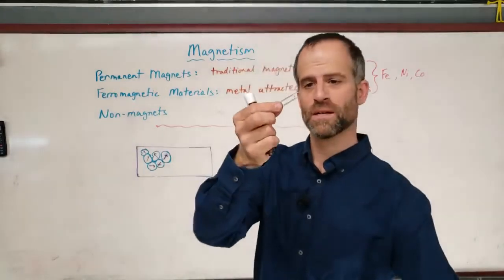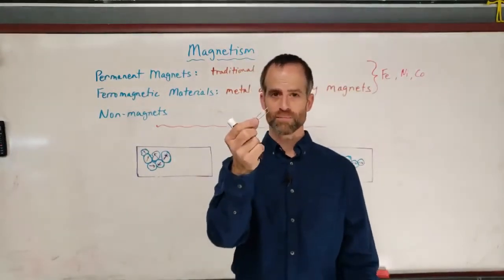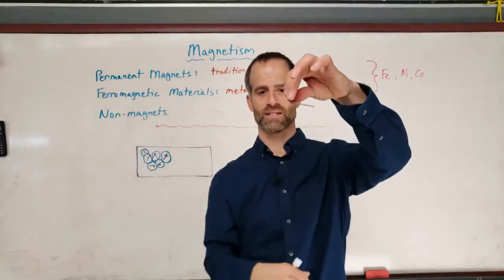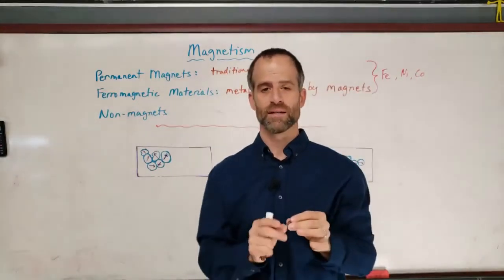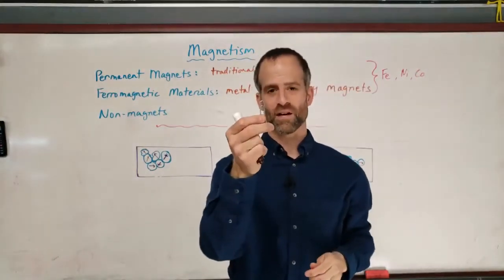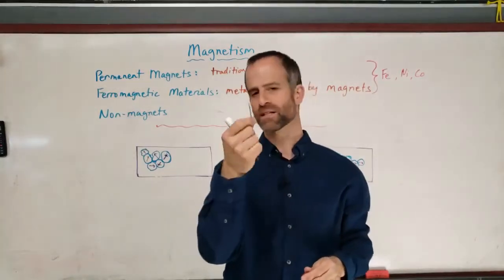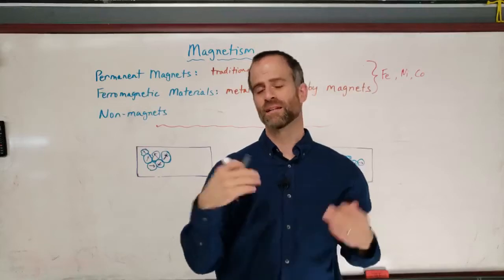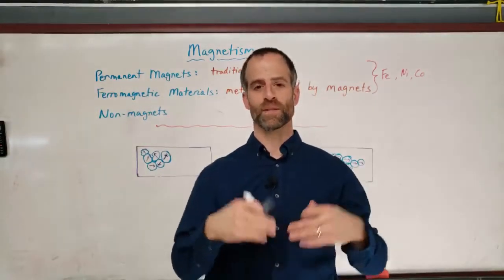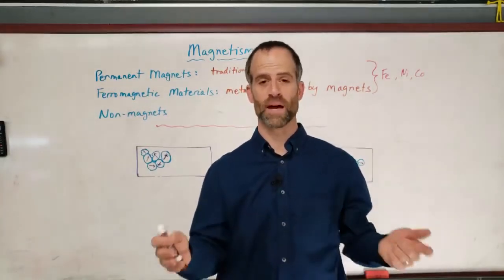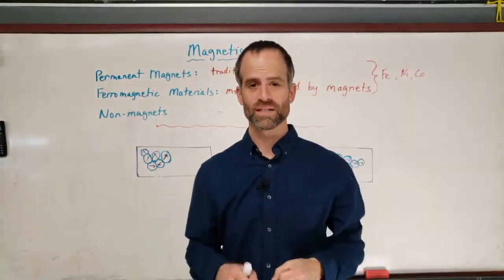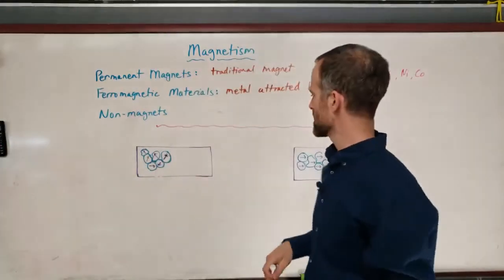The paper clip is attracted by magnets. I have a magnet here, it gets stuck, but it is not a magnet itself. So we call it ferromagnetic. It gets affected by magnets, but it's not really a permanent magnet. And the last thing is non-magnetic things, non-metals and such. Okay, so you really do need to know those words.